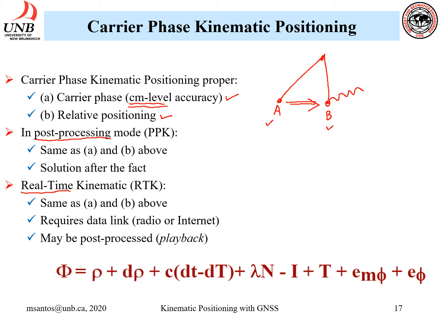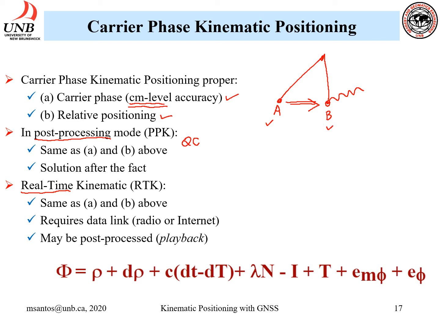The idea is that RTK will provide very good quality, centimeter level accuracy, but it's going to be using, for example, broadcast orbits and clocks, whereas in post-processing mode, we can wait a few days and use IGS products. So we can do better quality control.